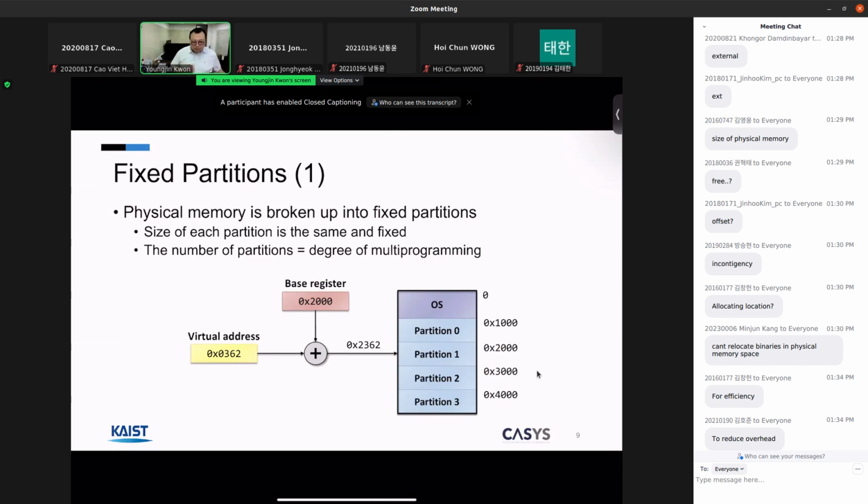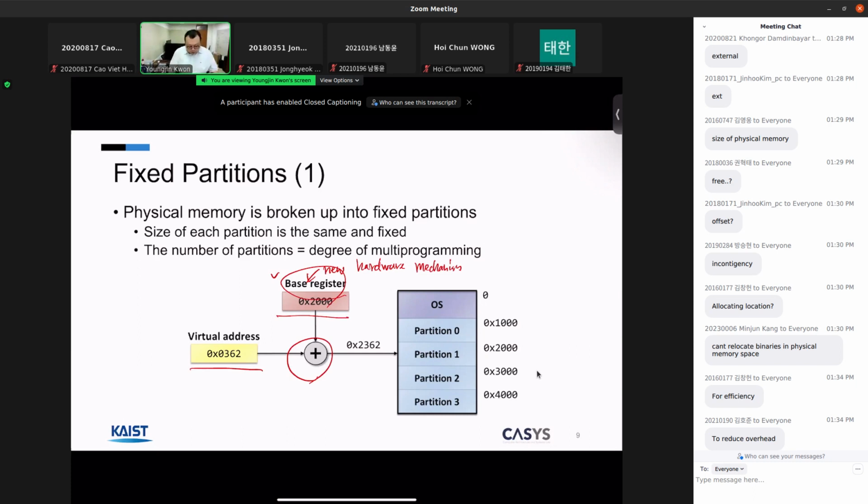The simplest, clearest mechanism is a hardware supported mechanism. The application's virtual address space is there, and the hardware has new hardware: a base register and an adder.